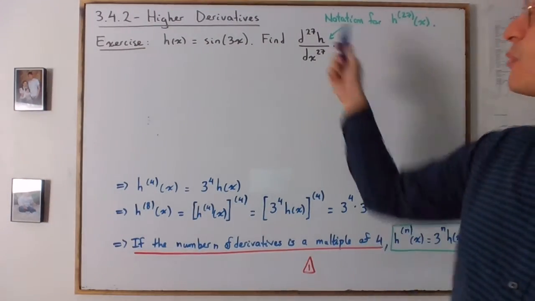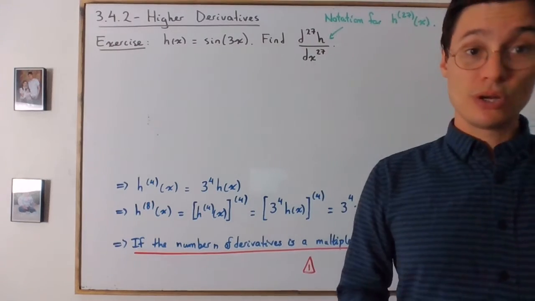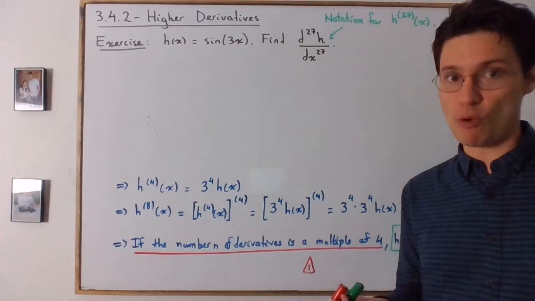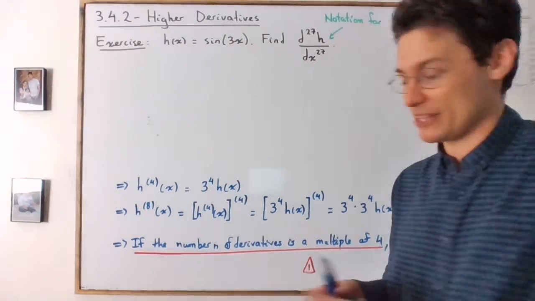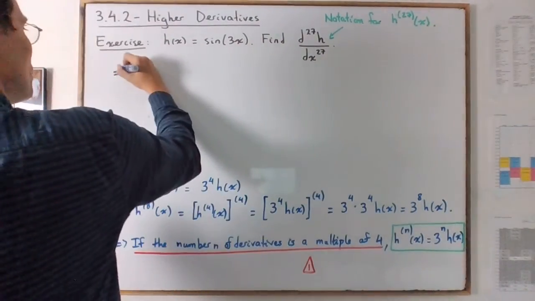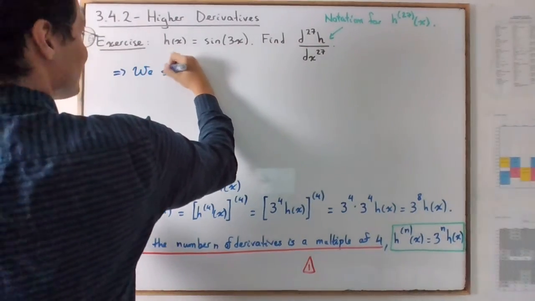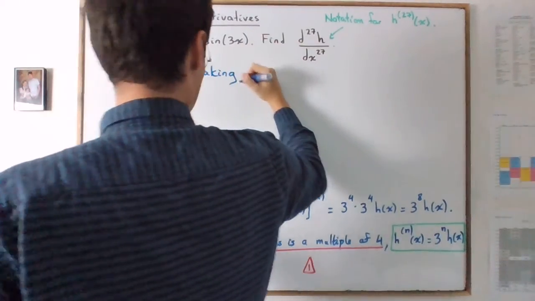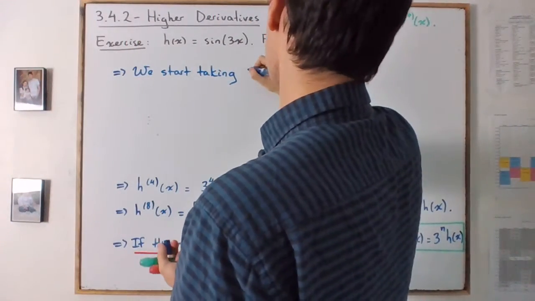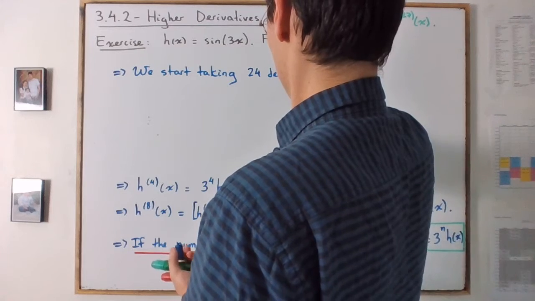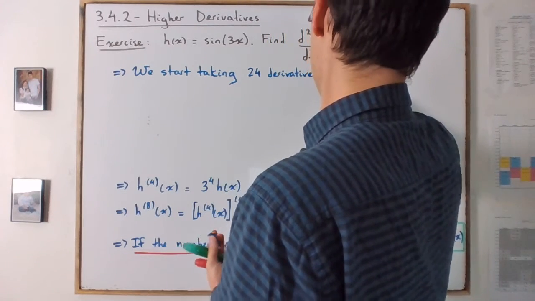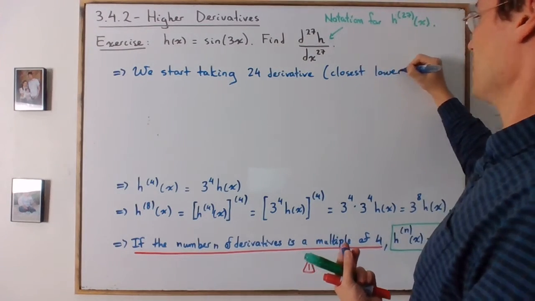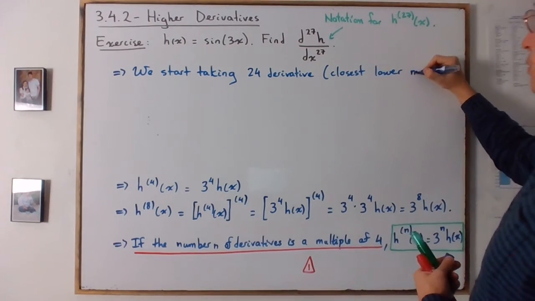So logically speaking, we have 27 derivatives to do. So the idea is to take the closest multiple of 4 that is under 27. We start by taking 24 derivatives, the closest lower multiple of 4.